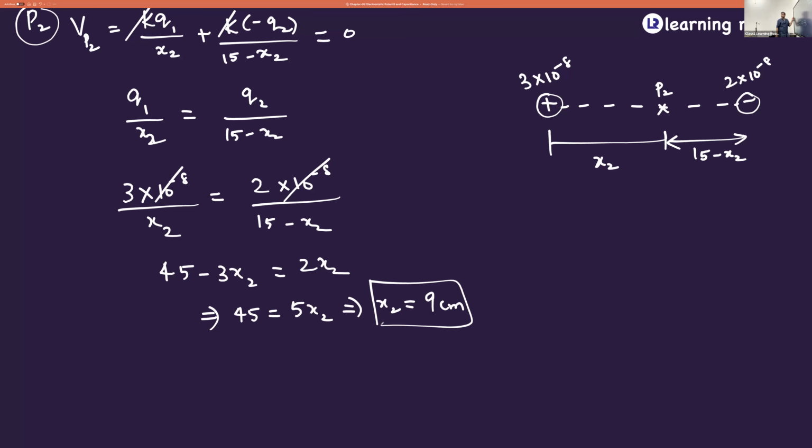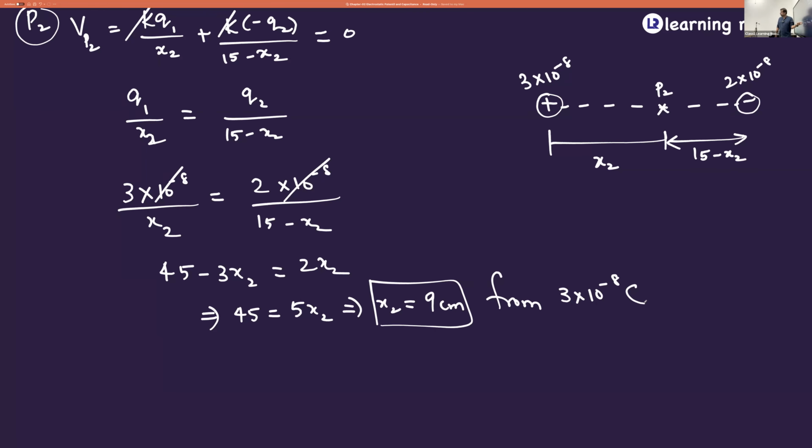But the point to be noted here is you should not write it as 9 centimeter and leave it. What you're supposed to write is 9 centimeter from 3 into 10 power minus 8. Remember, in physics, whenever you're reporting distances, you need to have the reference point.